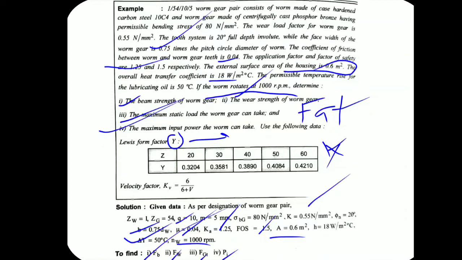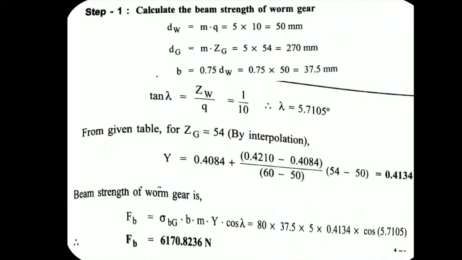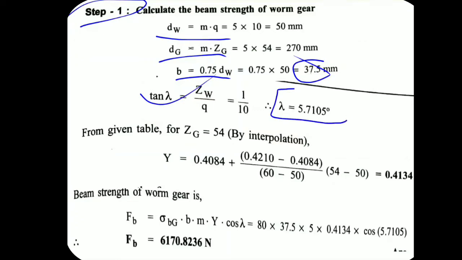Before that we'll have to go for the basic terminology, that would be your step number 1. You can see dw is m into q, module into q, dg the diameter of the gear we have calculated, the face width they have mentioned 0.75 times dw, so directly take 37 point something. So from tan of lambda we will get the lead angle 5 point something.